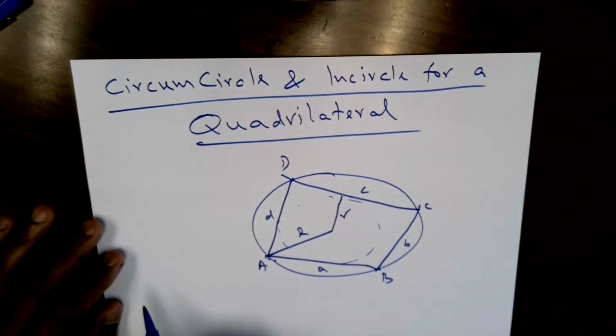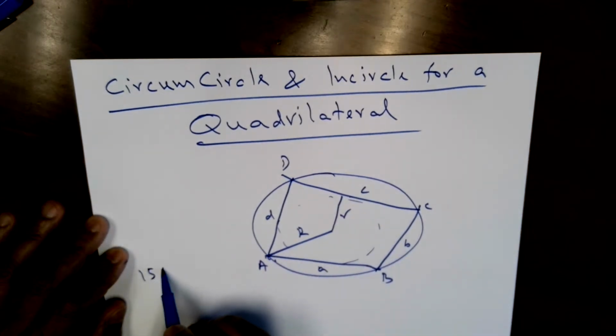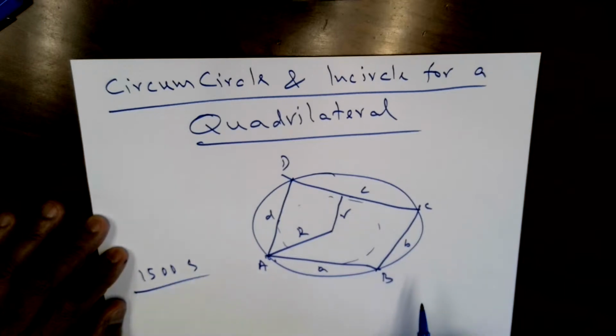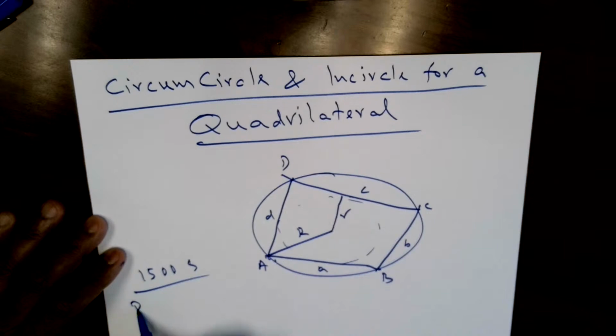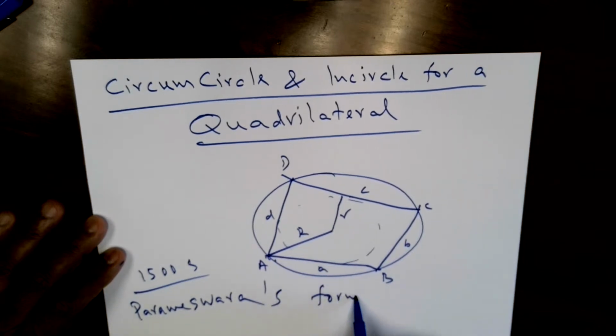I believe these formulas for the radii are due to Indian mathematicians, in fact, around 1500 or something, and from Kerala, in fact. This uses trigonometry.